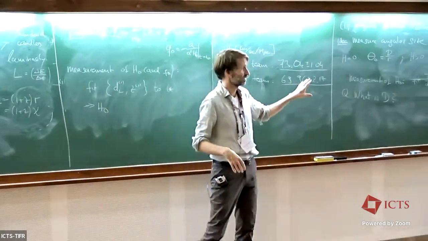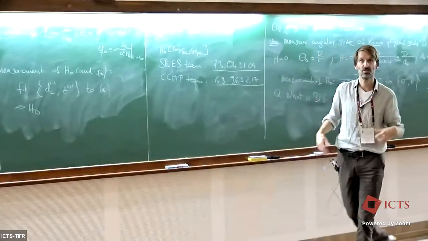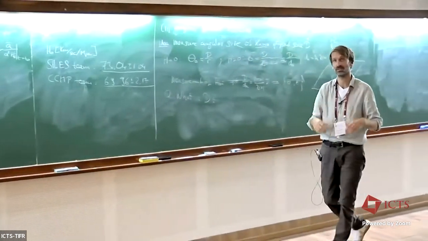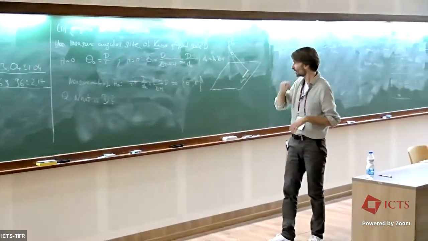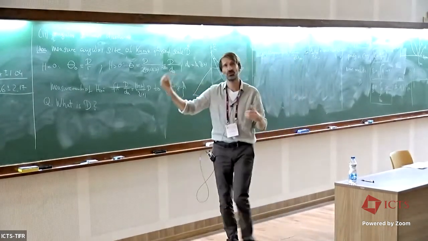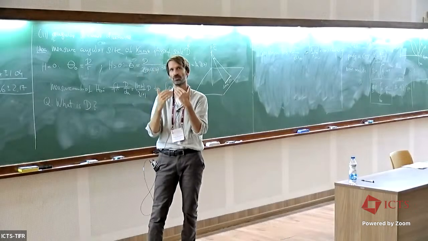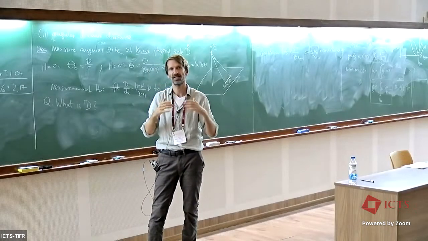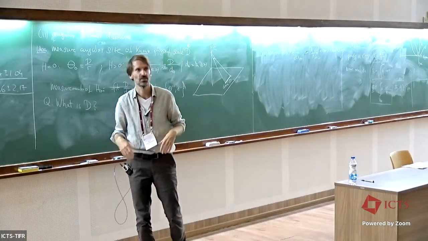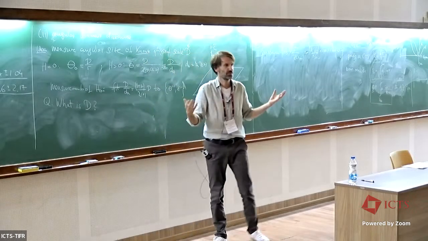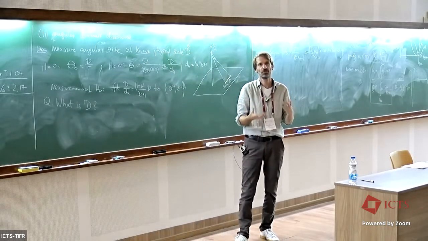By doing late time modifications, so after decoupling, you are also going to change the prediction for H0, and you can move it both ways, but there are limits to how much you can move it by only looking at late times. So the final answer might be a particular model which does both.